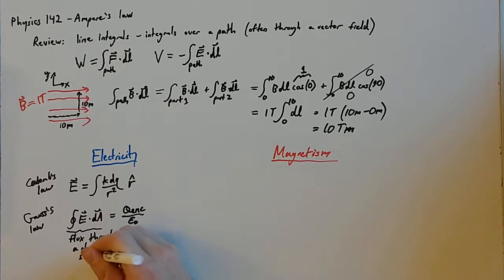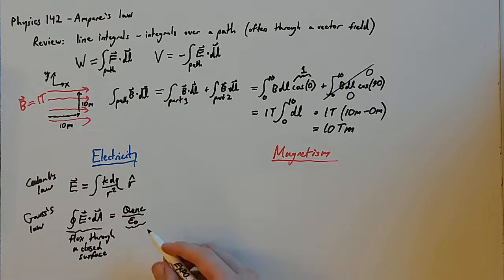So we imagine some sort of surface, and we think about how much electric field is going through that surface. That's going to be related to how many sources of electric field you have. Q's, charges, produce electric field. So if you put more charges inside that surface, you'll get more electric field coming through the surface.